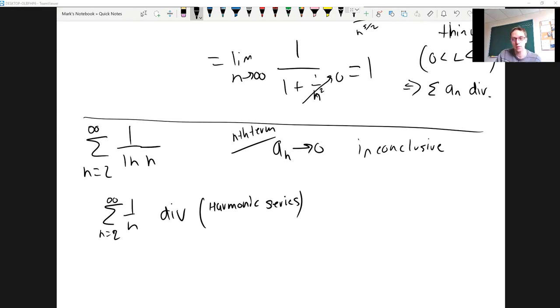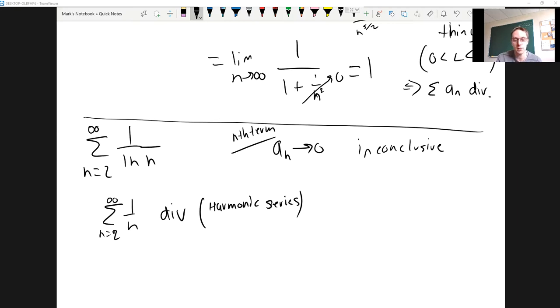And we've actually made that argument a couple of different ways. We made the argument by noticing that if you group the terms in a very particular way, you're always going to get at least another half, and so it's going to keep going up by half over and over and over again. And then we also showed that this diverged by virtue of the integral test. So this one definitely diverges.